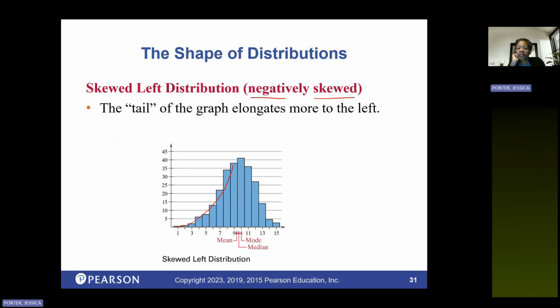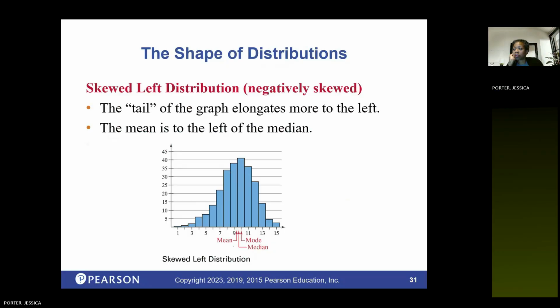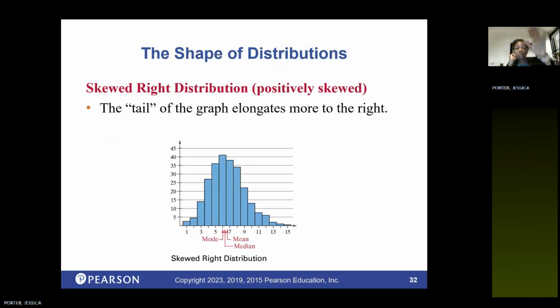When I say skewed left, the skew is in the tail. That means it trails off to the left. So when I'm skewed right, I trail off to the right side, meaning there's more values that are lower than those that are higher.